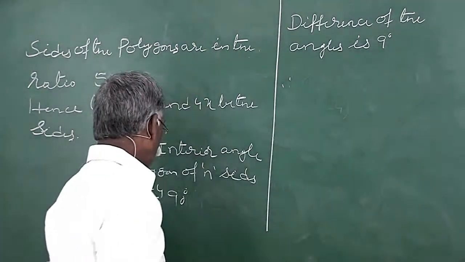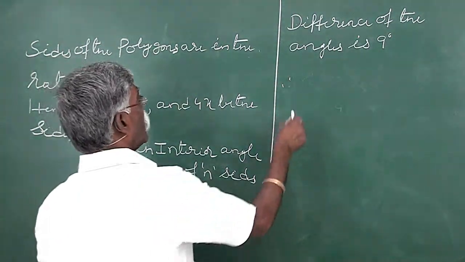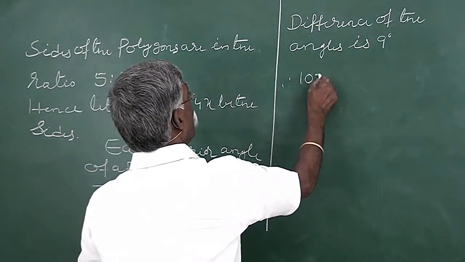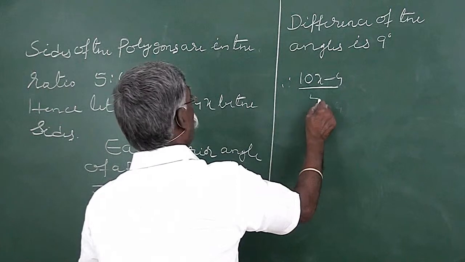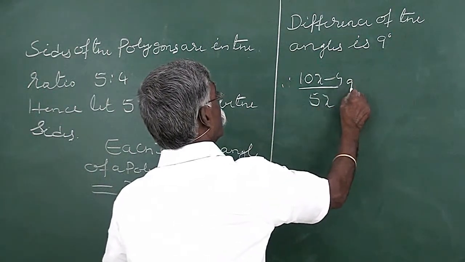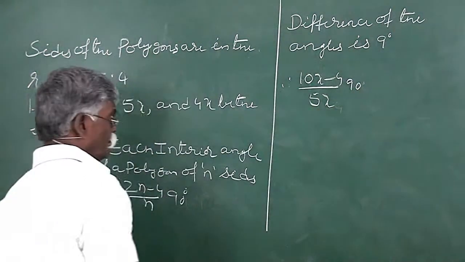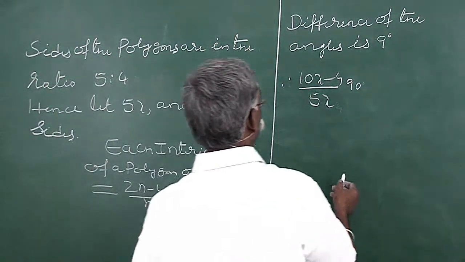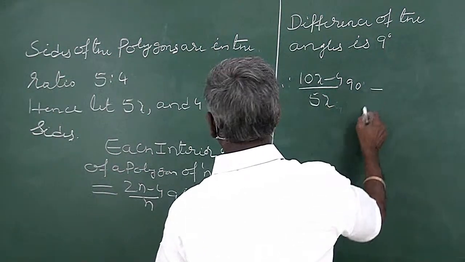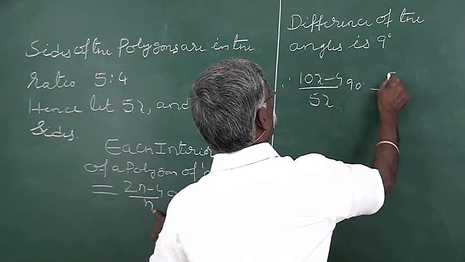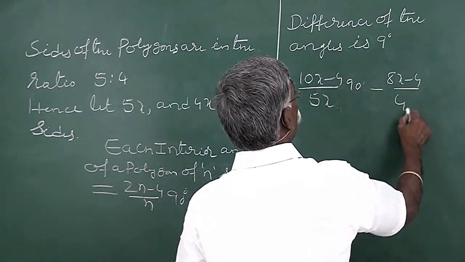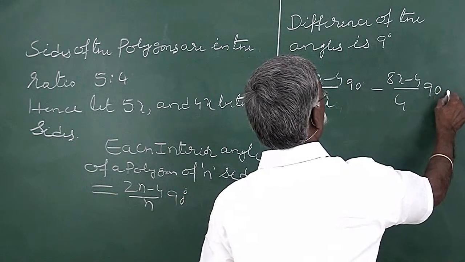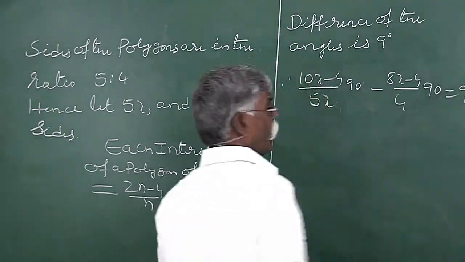Therefore, this interior angle is (10x minus 4) by 5x into 90, minus the other one, (8x minus 4) by 4x into 90, is equal to 9.